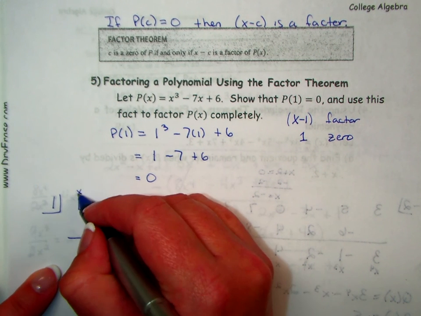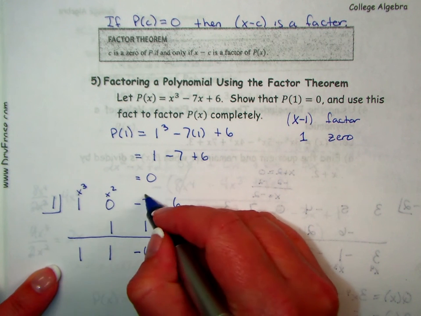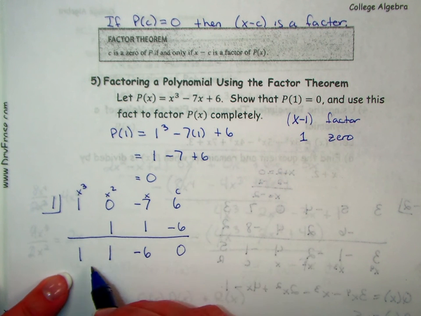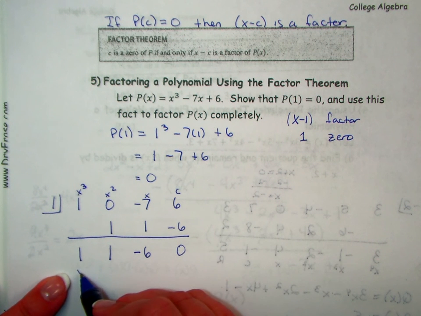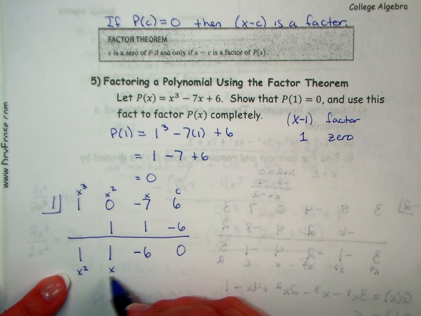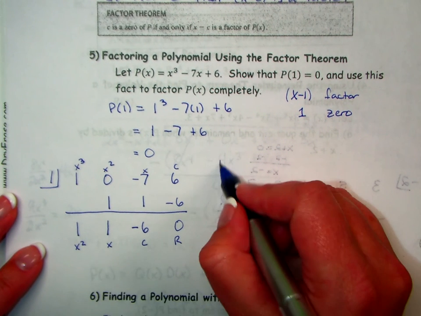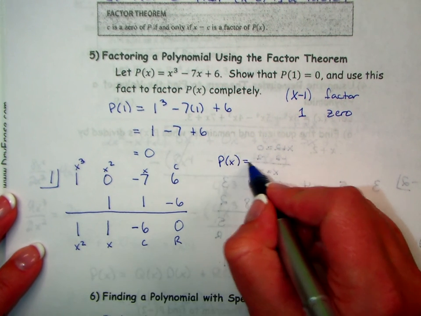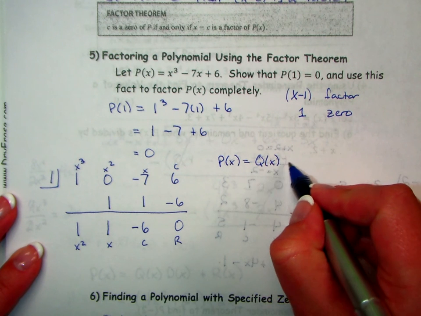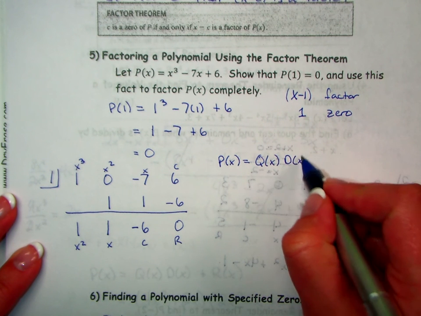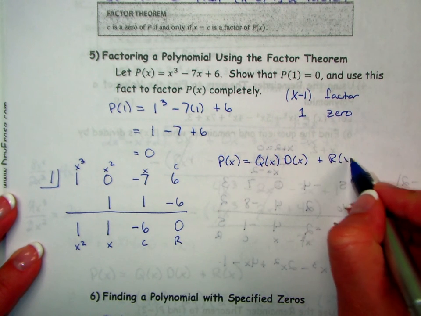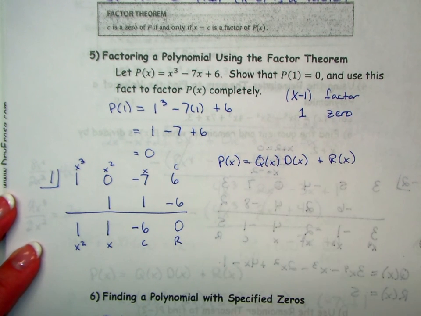We started off with an x cubed, x squared, x, constant. The answer row is 1 degree less. This is the x squared, this is the x, this is the constant, and this is the remainder. So notice when we do P of x equals Q of x times D of x plus R of x, our R of x is going to be 0.